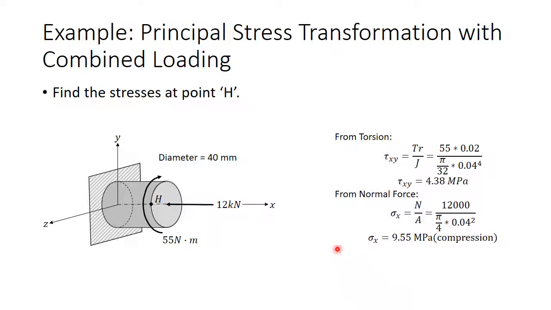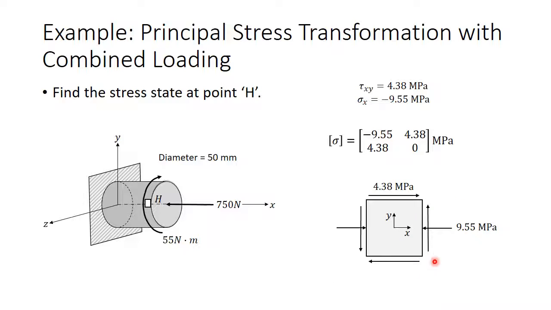We do not have, in this case, a stress in the y direction. Now we can find the stress state at point H, and the hard part here is knowing what's negative and what's not.